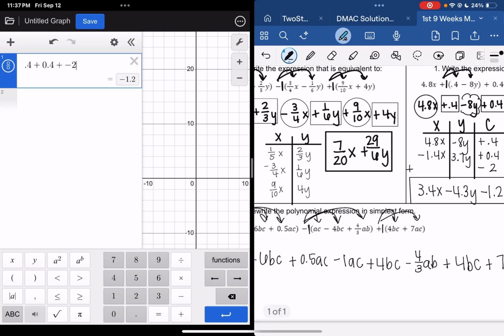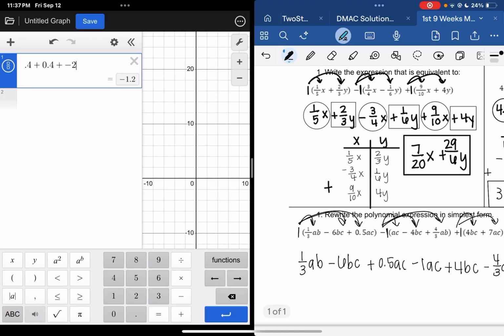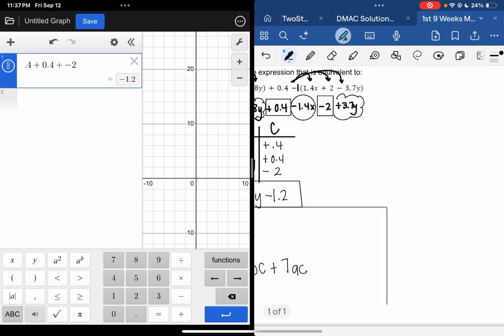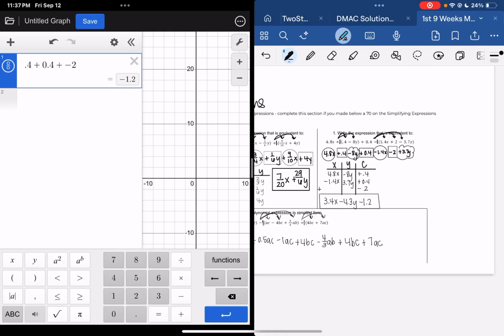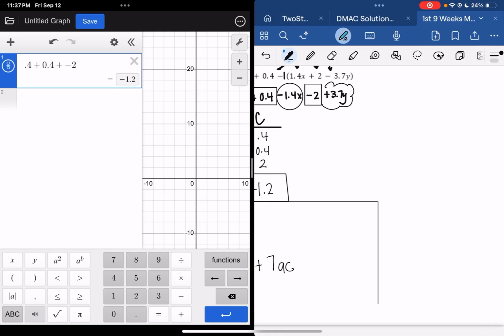Again, you can still, if you would like, create the table. I'm running out of room over here, my friends. But my table is going to look like this. It's going to have ABs here, BCs here, and ACs here.